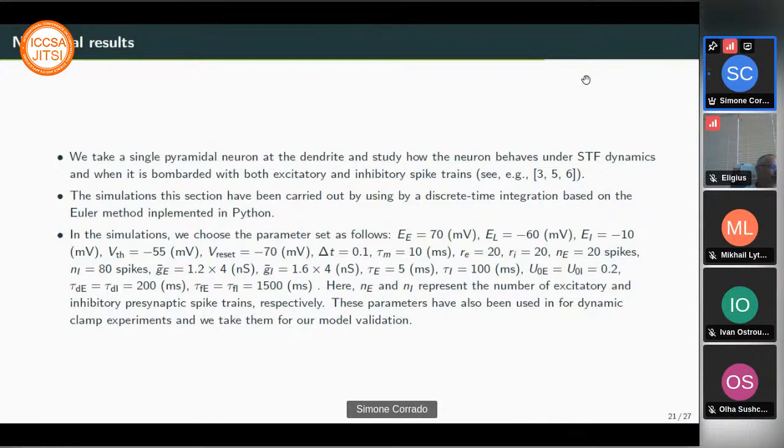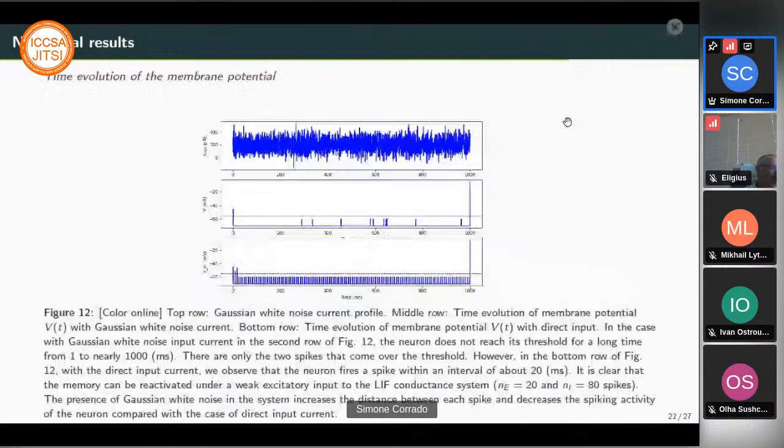Other characteristics, different from the previous situation, were inspired by the literature, because these parameters have been used, for example, for dynamic clamp experiments, and we use them for the validation of the original model.